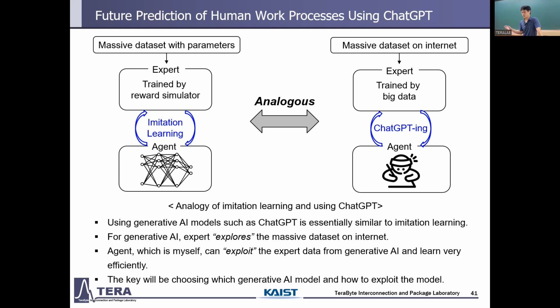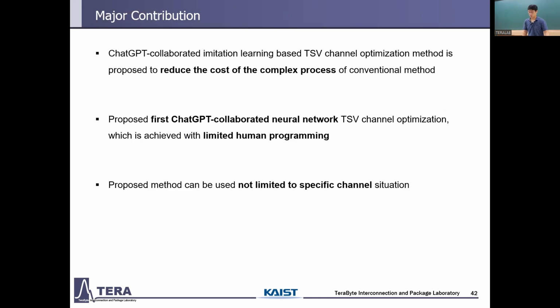Of course, reading the textbook thoroughly is better to fully know something, but we don't have time for that. So we can use the expert and greatly reduce time, but get to a certain level. If we use generative AI models, it's easy to get to that level of knowledge. And the key, as mentioned in the previous slide, is to choose which generative AI model, which expert, to exploit.